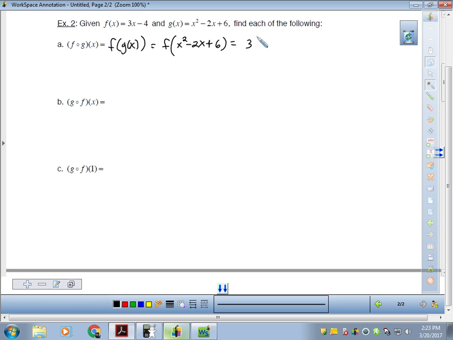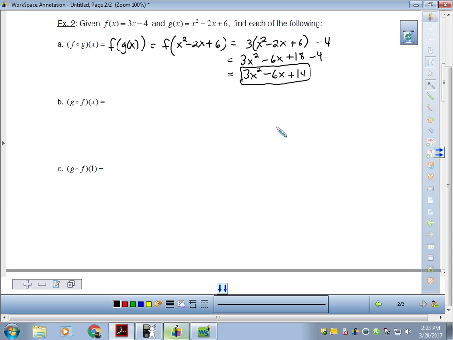So we're going to have 3 times x squared minus 2x plus 6 minus 4. So that's 3x squared minus 6x plus 18 minus 4, which gives us 3x squared minus 6x plus 14.